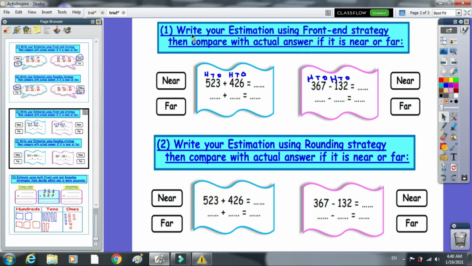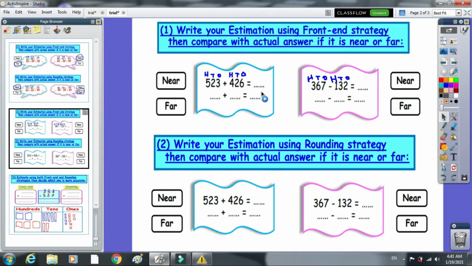Another example, write your estimation using front-end strategies and compare with the actual answer if it is near or far. Here I have a 3 digits number plus a 3 digits number. I have 523 plus 426. Here I will add the ones digit together, then the tens, then the hundreds.